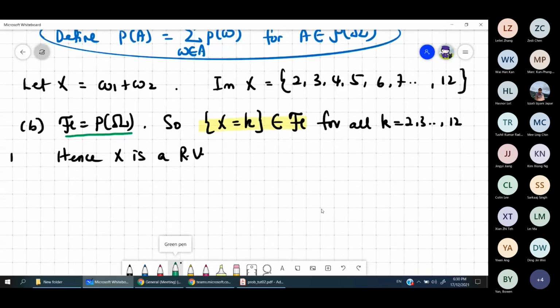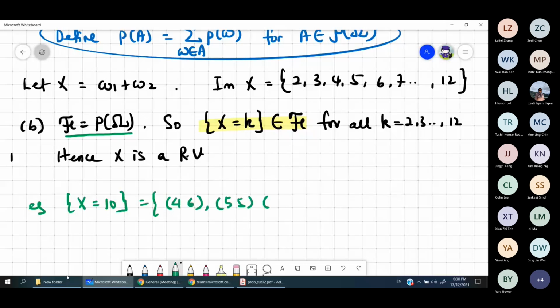Maybe I'll just give an example, X equals 10. How to get 10, by the way? 4 and 6, 5 and 5, and 6 and 4, right? So this is the one.